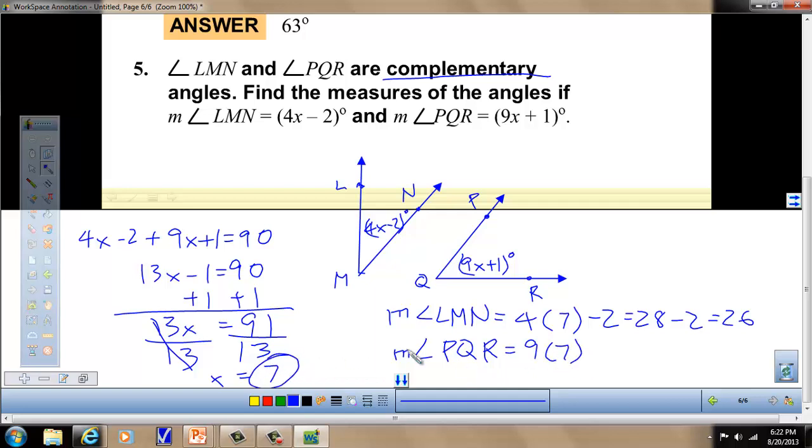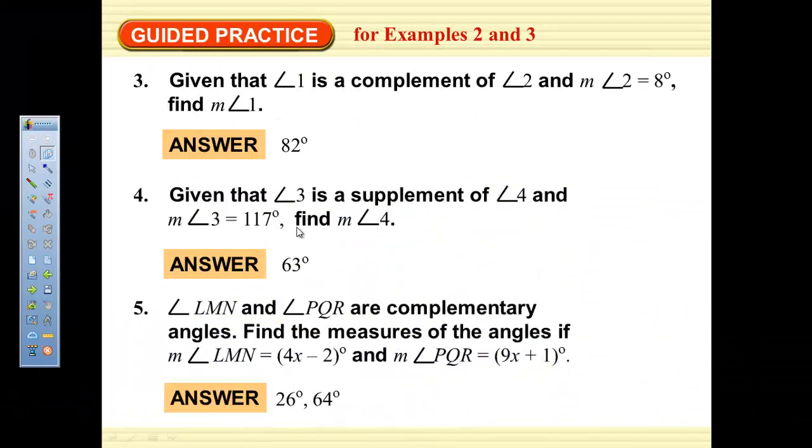Again, we're taking this 7 and we're plugging it in here and here. Plus 1, that's 63 plus 1, which is 64. And if we look at these carefully, I can just add those two together and we can see that that equals 90. So we know we did that correct as well. It's 26 and 64. And that's all it is for this one. Thanks.